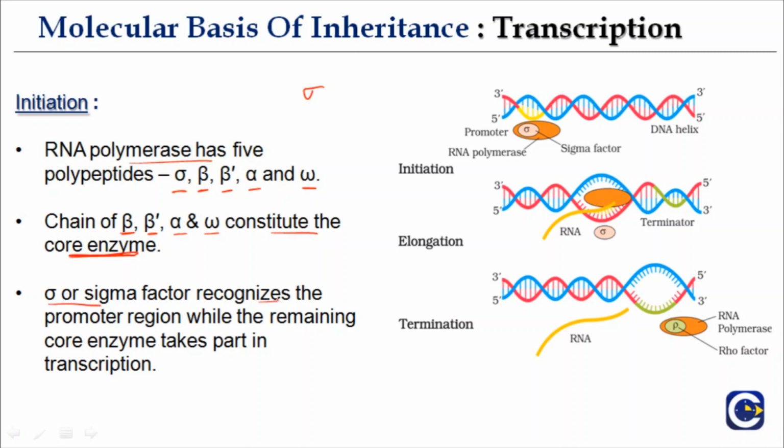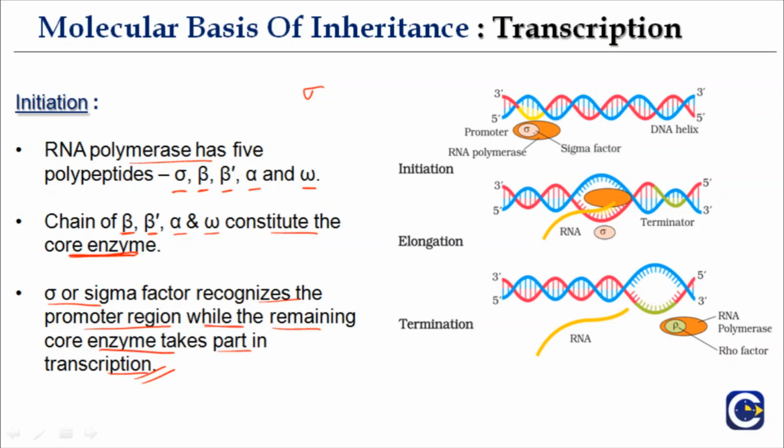Sigma factor recognizes the promoter region while the remaining enzymes take part in transcription. So you see here this is the RNA polymerase. This is the entire RNA polymerase, but you see the sigma factor is alone. Why is this sigma factor alone? The reason is that sigma recognizes the promoter region, while the remaining core enzymes take part in transcription.